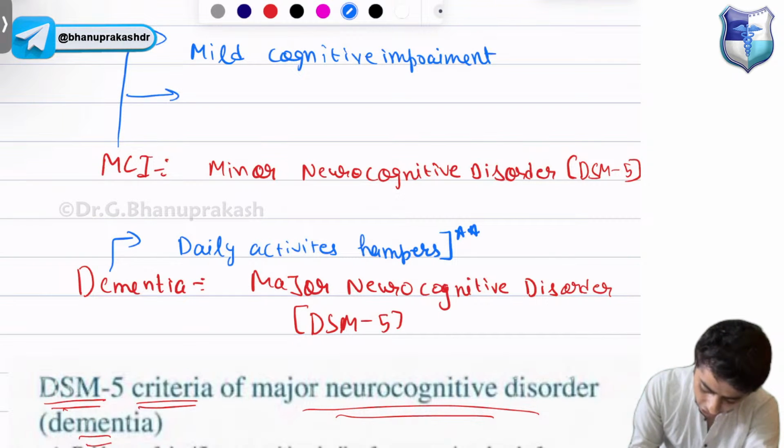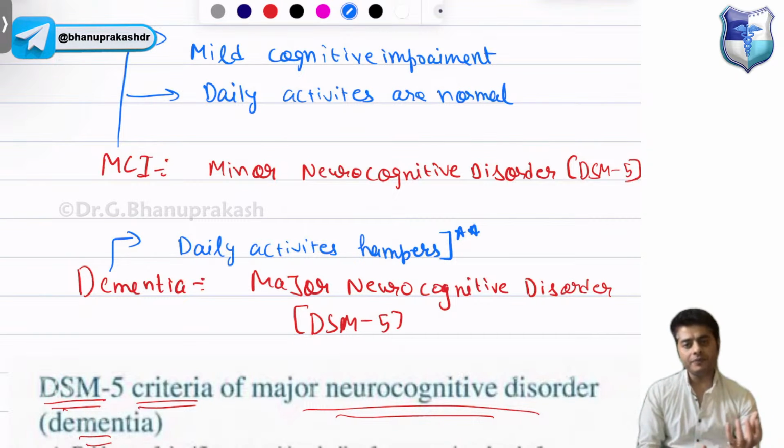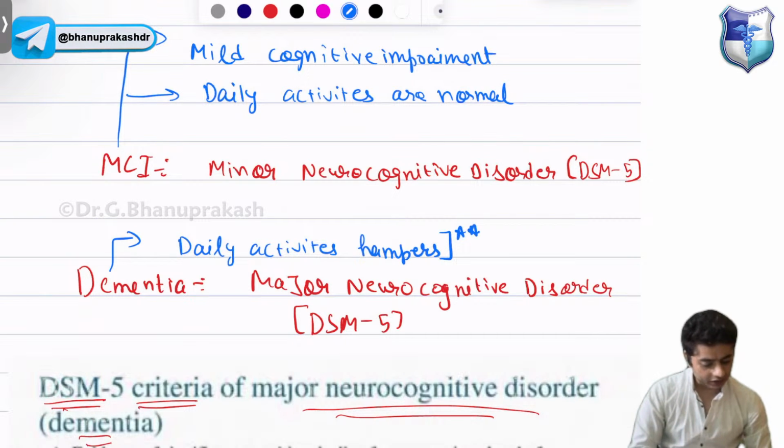But in MCI, your daily activities are normal. By this you can distinguish whether it is MCI or dementia.